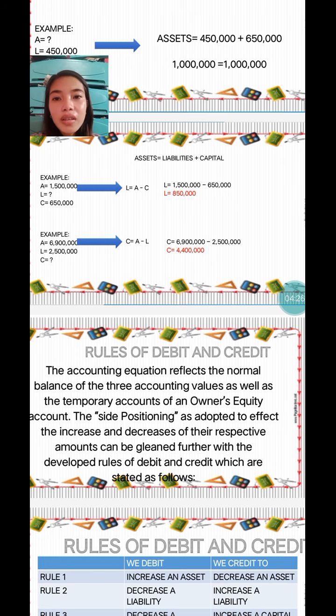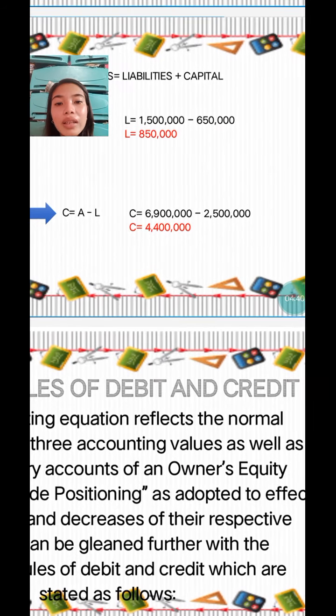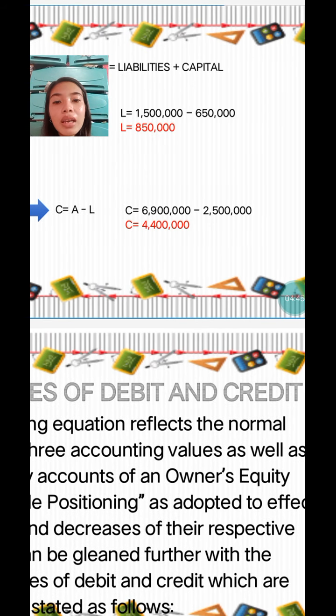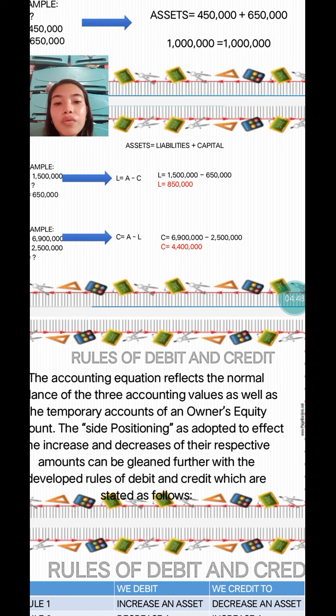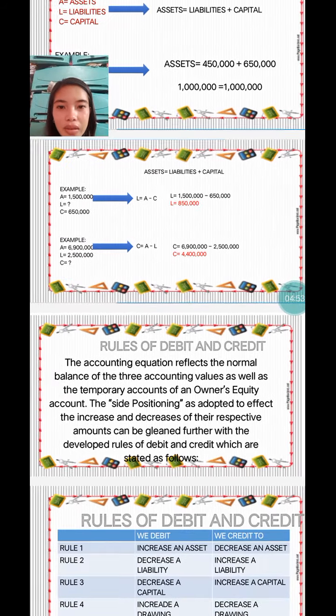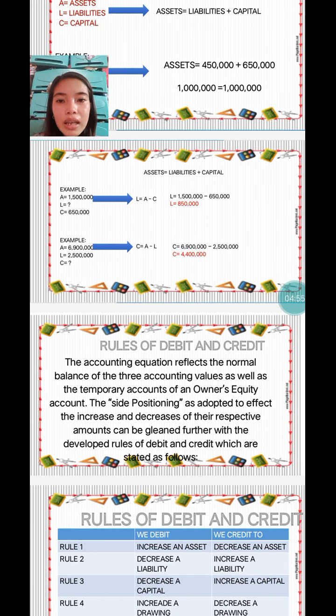So we need to find the result of what is the capital. Simply, we need to deduct, or minus, the assets minus liabilities, which is 6,900,000 minus 2,500,000. So the result here is 4,400,000. That is the capital. So that is very simple in finding assets, liabilities, and capital.